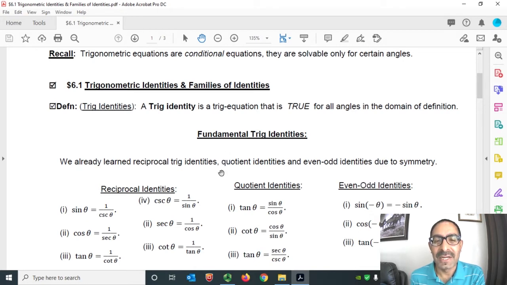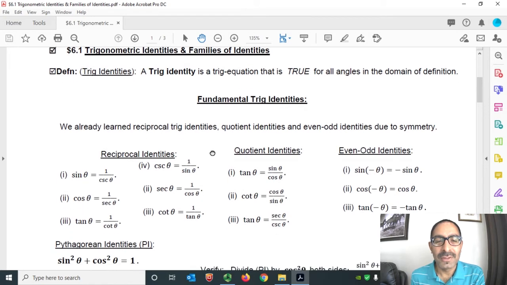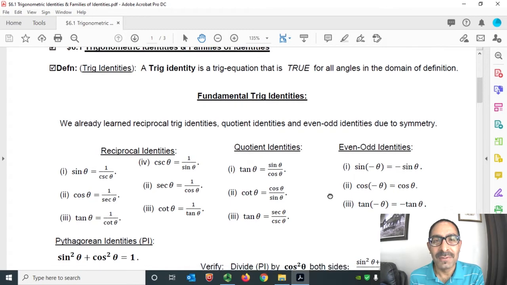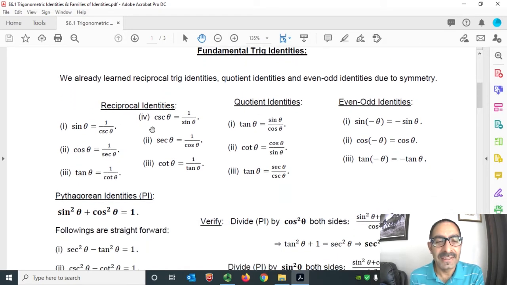Next, fundamental trig identities. We already learned reciprocal trig identities, quotient identities, and even-odd trigonometric identities. Let me recall below. Reciprocal identities: sine theta is 1 over cosecant theta, cosine theta is 1 over secant theta, tan theta is 1 over cotangent theta, cosecant theta is 1 over sine theta, secant theta is 1 over cosine theta, cotangent theta is 1 over tan theta.